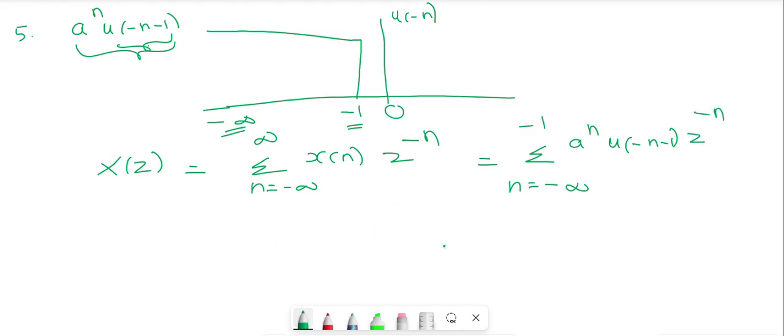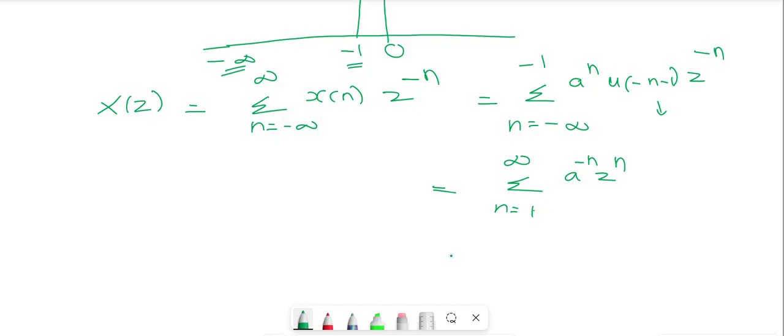So this can be written as the summation, you can interchange the sign, from n equal to 1 to infinity, of a power minus n z power n. So you can write the summation of n equal to 0 to infinity of a inverse z power n, minus 1.